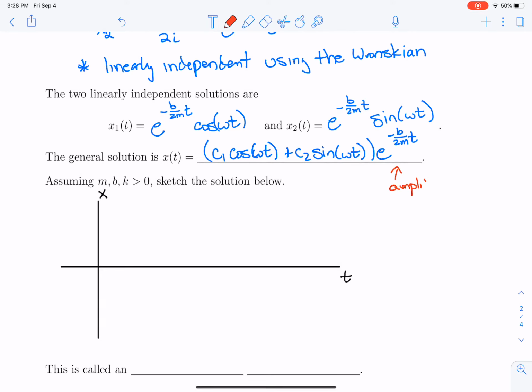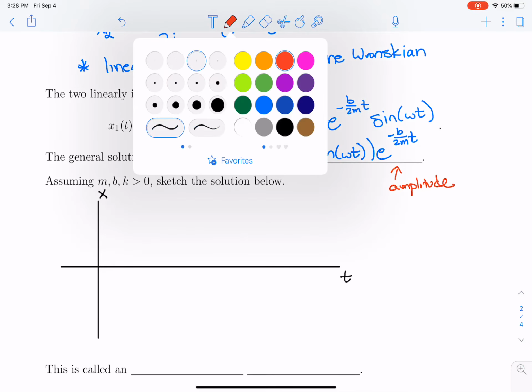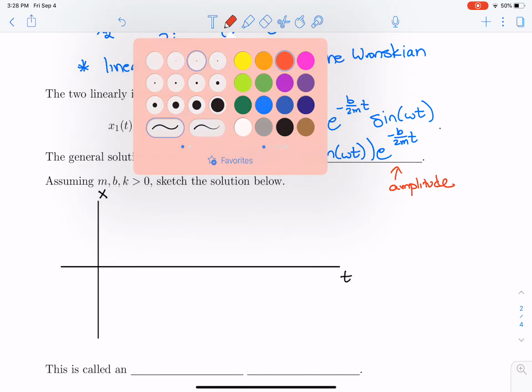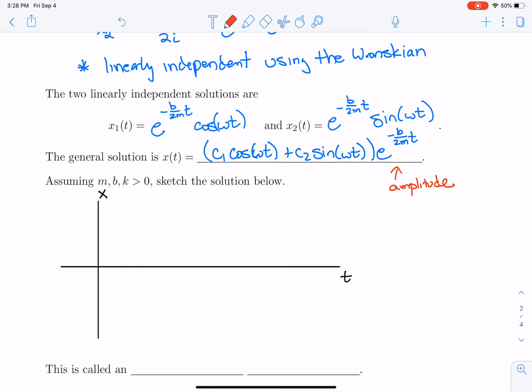Now I'm going to assume again that all my constants are positive, so that's a decaying amplitude. So what I'll do is plot that curve. Maybe that'll be x0. So I'll plot that curve, that decaying amplitude, like that. And then I'm also going to plot it on the negative side.